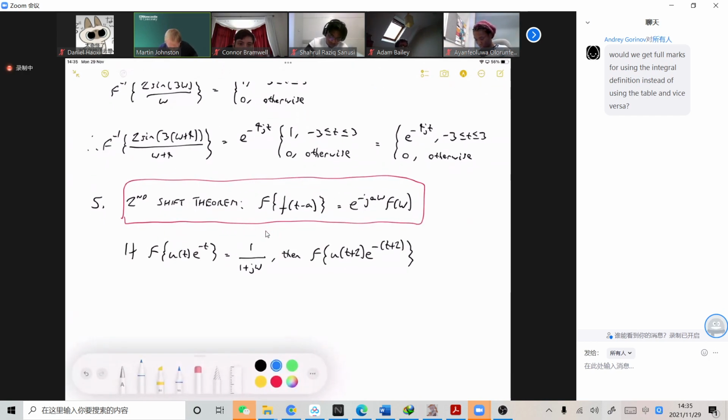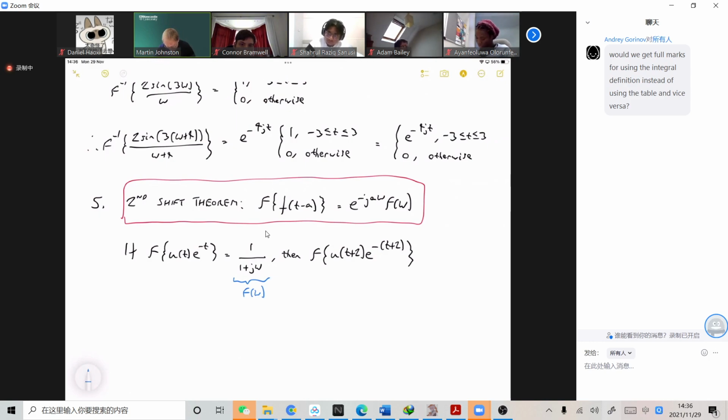Okay, so quite straightforward. So here is F of omega, the Fourier transform of the unshifted function. And we can see here that a is equal to minus 2 because it's u of t plus 2, so it's t minus minus 2. So in this case, a equals minus 2.